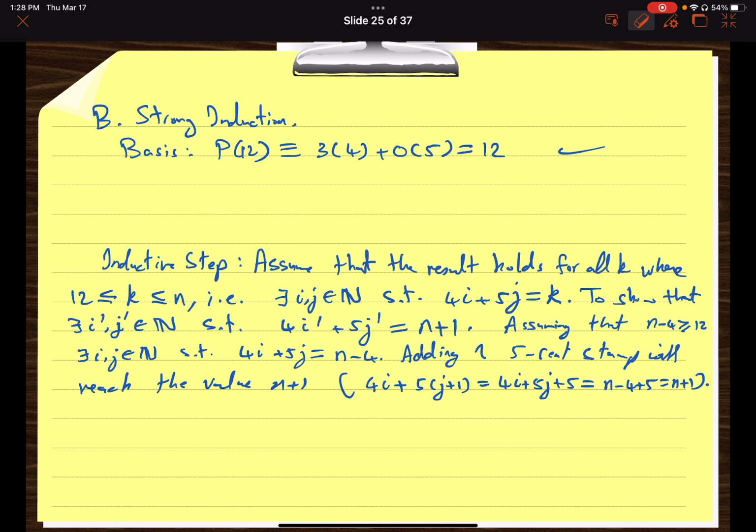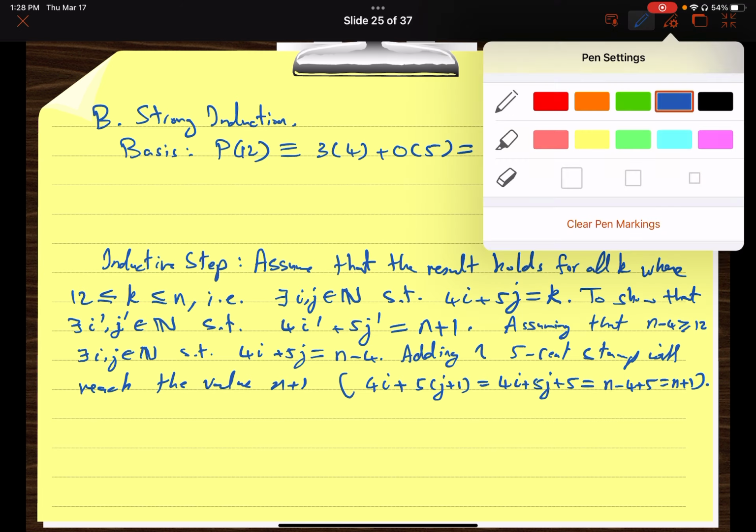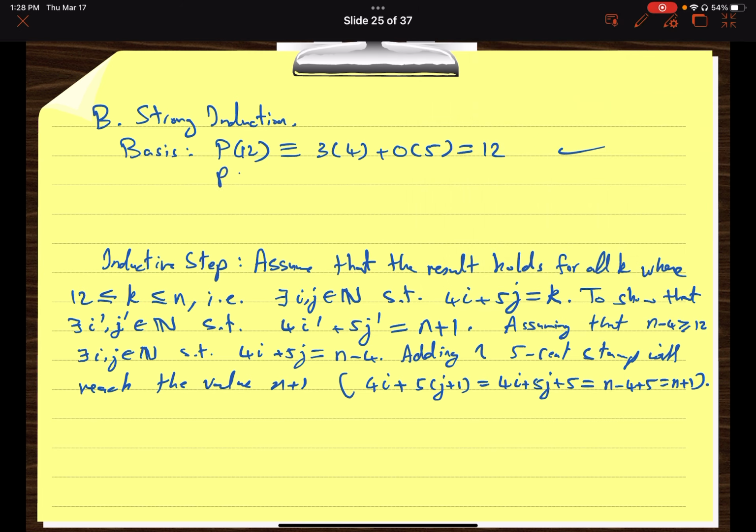So what is P13? P13 is 2 4s plus 1 5, صح? Well, this is equal to 13. P14 is 1 4 and 2 5s. This is equal to 14.